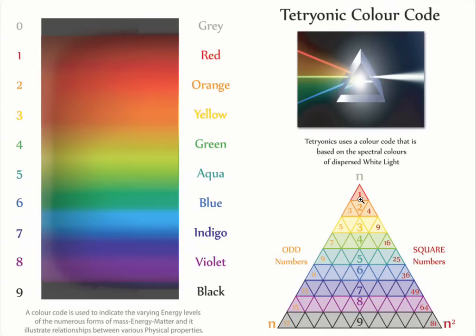If you add sequential odd numbers together, you form square numbers. 1 and 3 forms 4. 4 and 5, being the sum of 1, 3 and 5, creates 9. 9 and 7, 16.